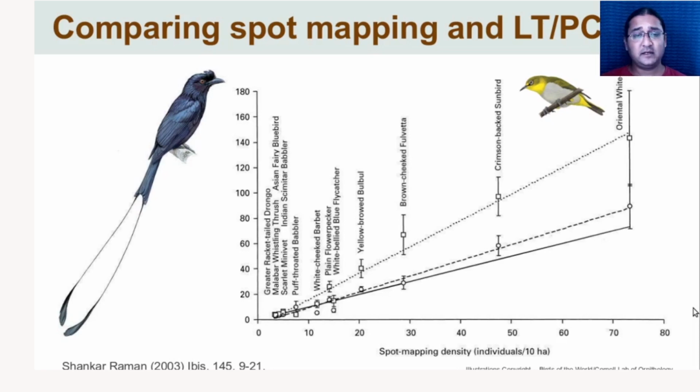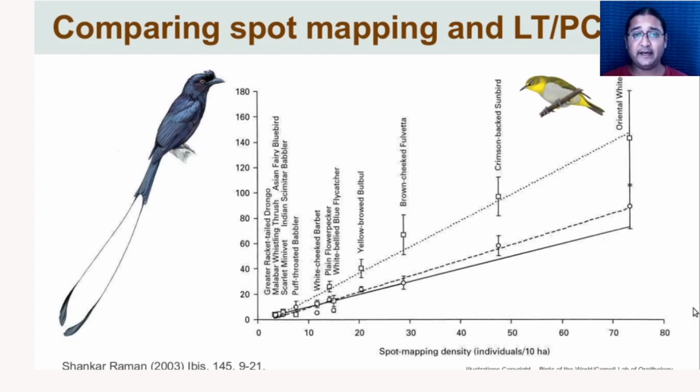Now, of these methods, which perform the best? So, if you compare spot mapping density of individuals, so you're getting the number of individuals per 10 hectares, the density of individuals in the habitat, you're comparing spot mapping with line transect sampling and with point count sampling, the estimates would be very closely correlated if they were identical.